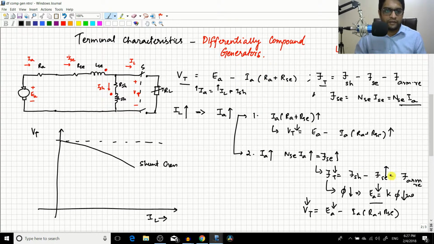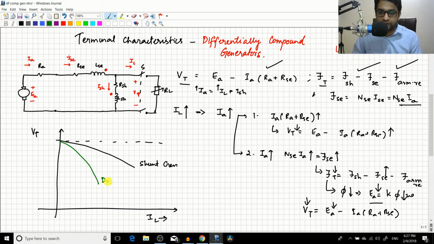Here you have armature reaction, the series winding, and the Ia Ra, everything opposing the machine. That means the characteristic will be much steeper as compared to the shunt generator. So the voltage will fall off drastically in a differentially compound generator. Here it is the differentially compound generator.